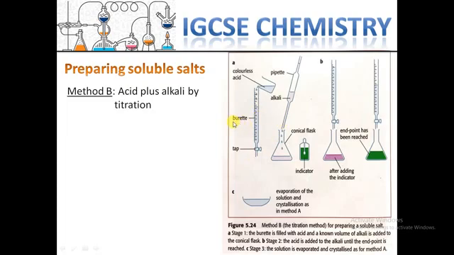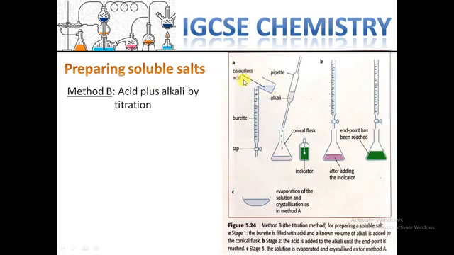This is a titration method, as you can see in the picture, and you need to have a burette. Here you can learn the name of this laboratory equipment: it is a burette, and there is a tap. You can put acid in it.